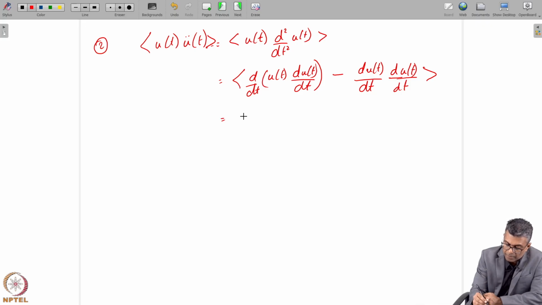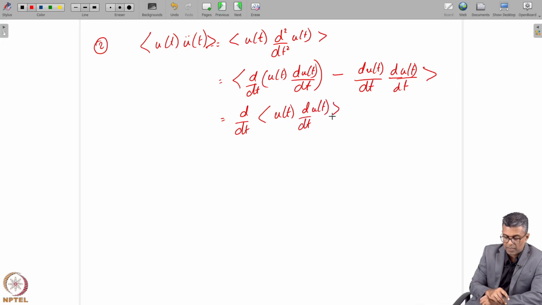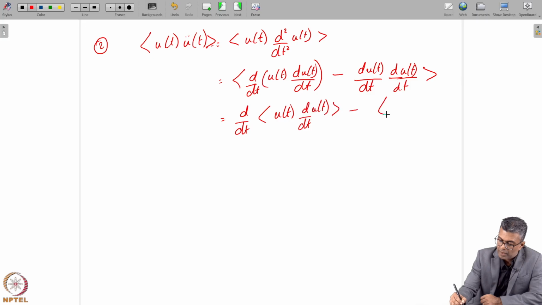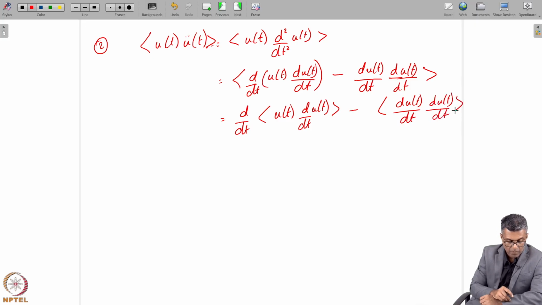This right here, d/dt, I can commute the differential operator, and then what I have is u(t) d/dt of u(t), isn't it? That's your first term, minus du/dt and du/dt, isn't it?